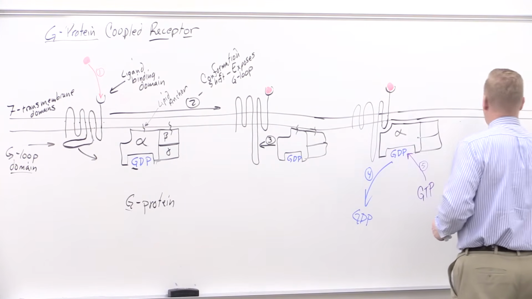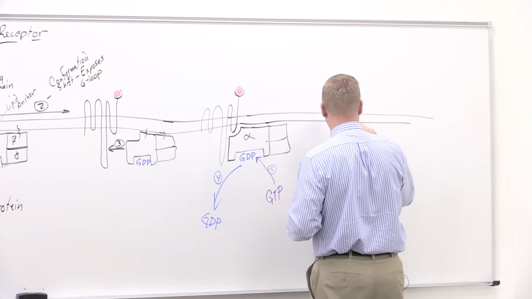When that happens, we'll draw our membrane again. And I'm just going to draw the alpha protein.